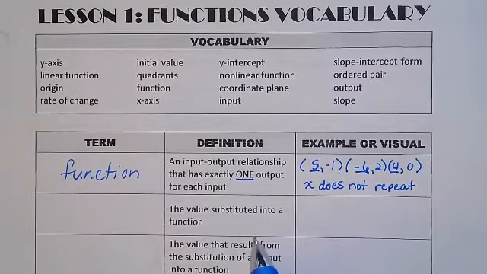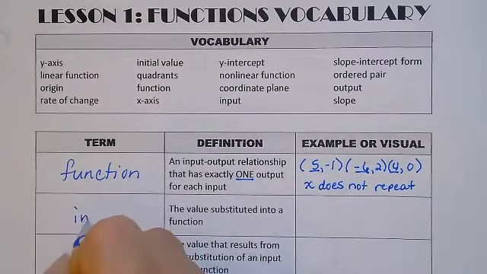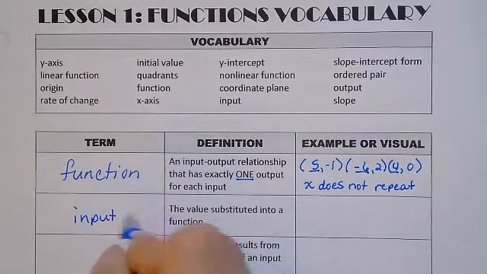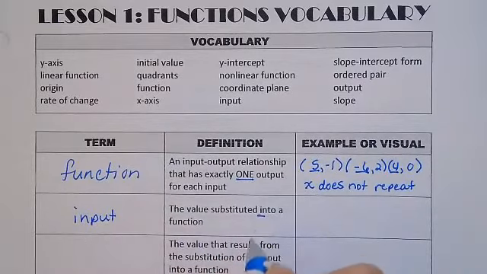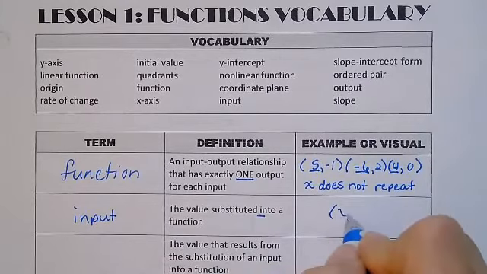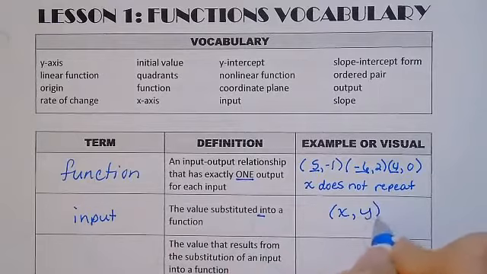Okay, the next definition, the value substituted into a function. That is called the input. Input is put into a function. So in an ordered pair, (X, Y), X is the input.